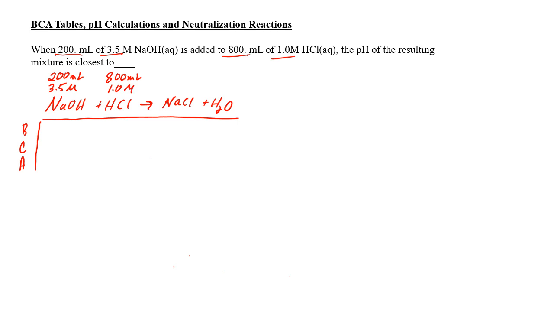To calculate the moles before, let's use the molarity equation. If I have a 3.5 molar NaOH, and I want to know the moles, that's a solution that's 0.2 liters.